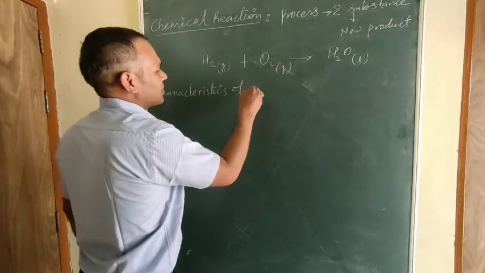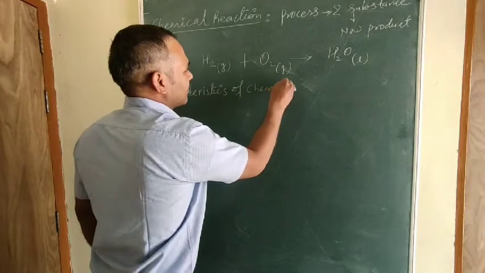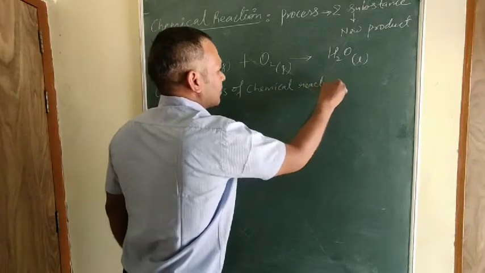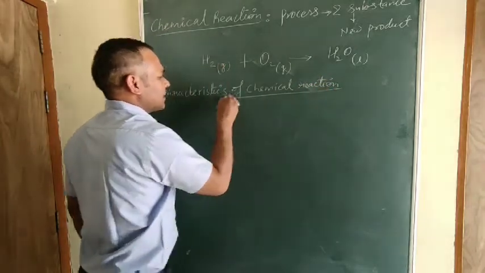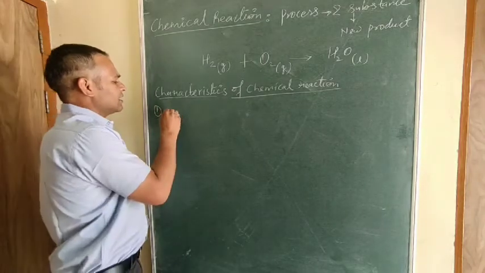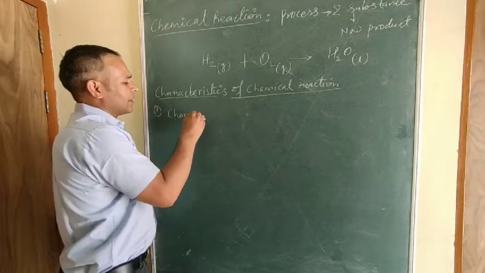Now, what are the characteristics of a chemical reaction? There are certain characteristics, few of them we will study. The first one is change in state.